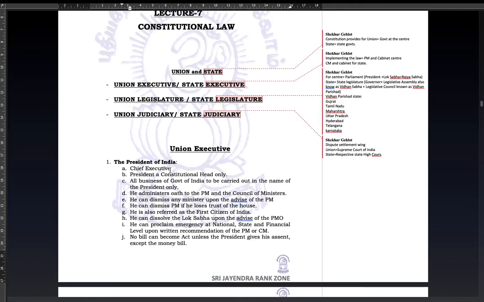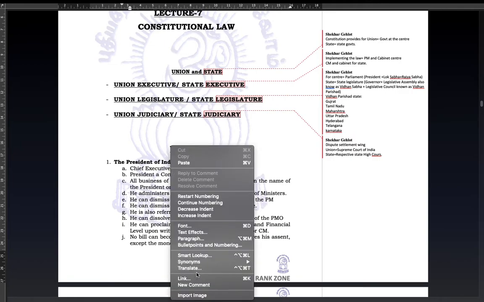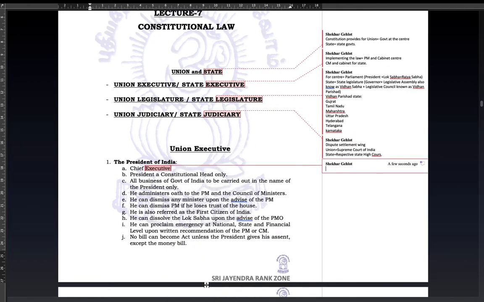All executive powers are exercised in the name of the president, but they rest with the PM and cabinet.